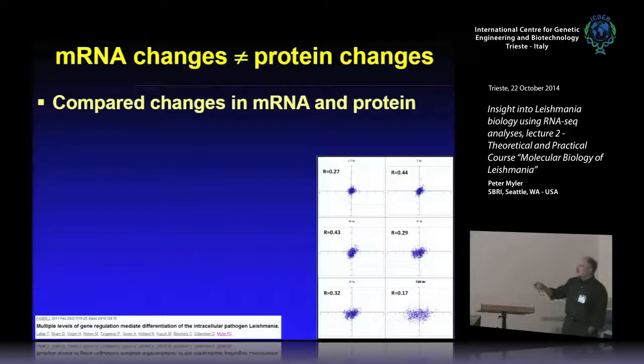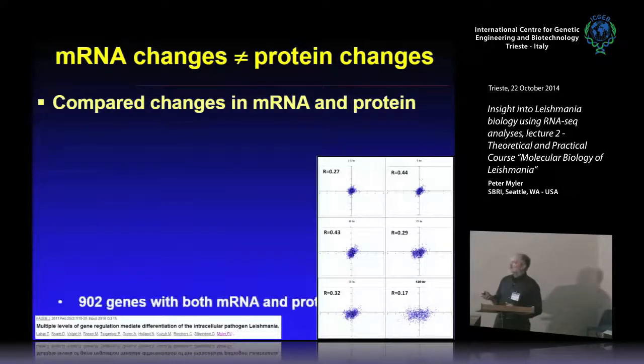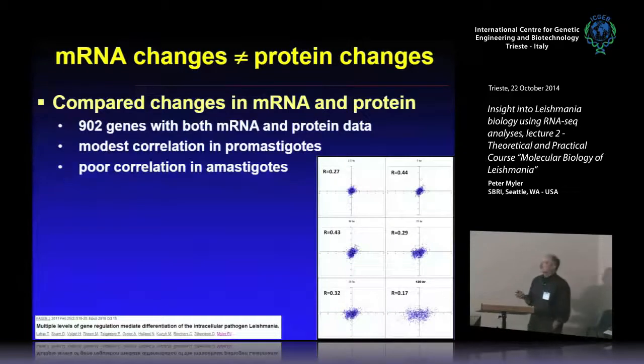It's pretty good in this time, but by the time you get to amastigotes, the R-squared value is really bad. So there's a very poor correlation between changes in RNA level and changes in protein level. So using changes in RNA level can be misleading. It doesn't mean that it's useless, but you have to be careful. And I'll show you in the next couple of slides what I mean by that.